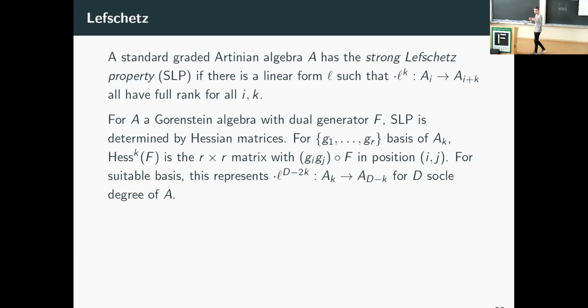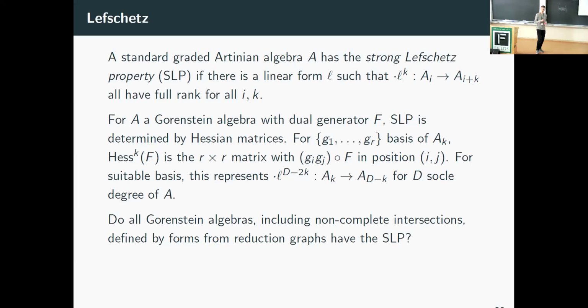We have determined more or less what the Macaulay dual generators look like. So maybe we could analyze the Hessians to determine SLP. But we haven't been able to show that these matrices are necessarily non-zero. It would be nice to see if someone could use this and go further in that direction and see what these matrices actually look like.